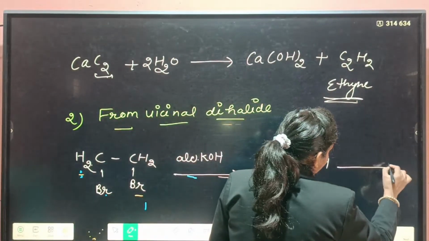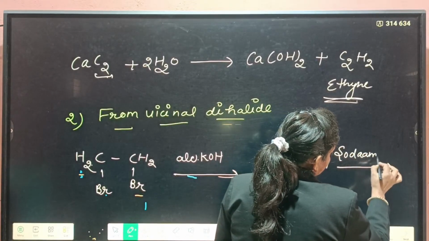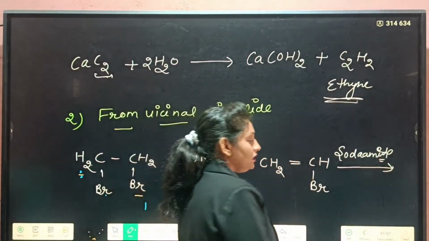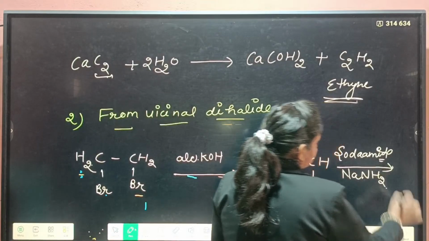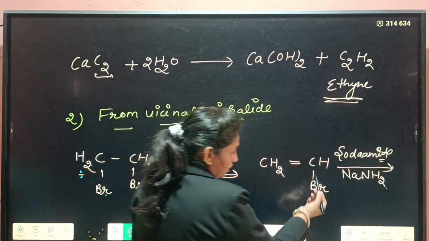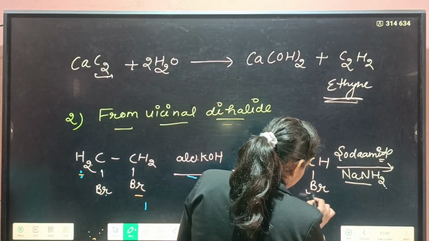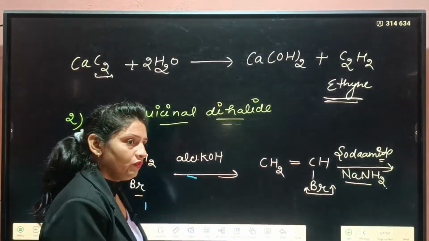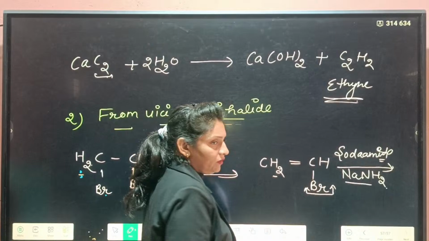Then react with sodamide. Sodamide means NaNH2. Then what will happen, students? Further, halogen will break from here and hydrogen will be removed from here.